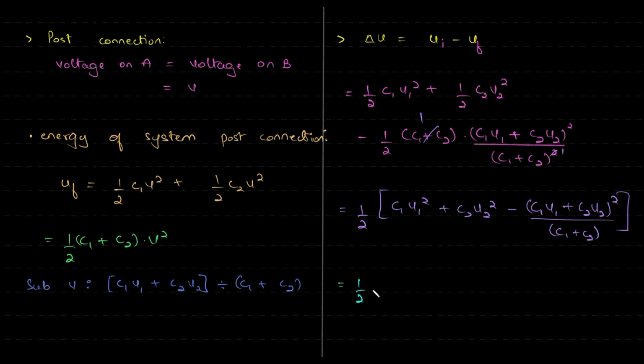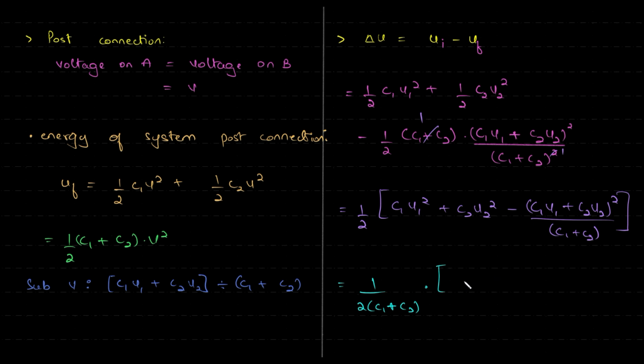So half is common, then I'll take C1 plus C2 also out. 1 by 2 times C1 plus C2, brackets open.